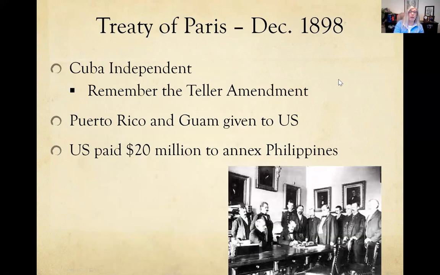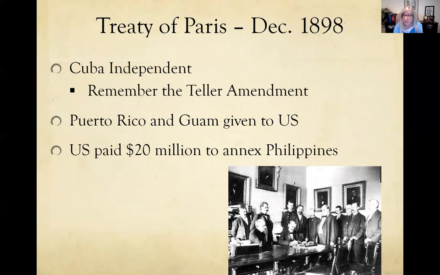Okay. So this Treaty of Paris, here's what happens. Cuba is going to be given its independence, somewhat, largely due to the Teller Amendment, but the U.S. is still going to occupy Cuba, right? We're not leaving anytime soon, but technically they're going to be given their independence here with the Teller Amendment. Puerto Rico and Guam become possessions of the United States.